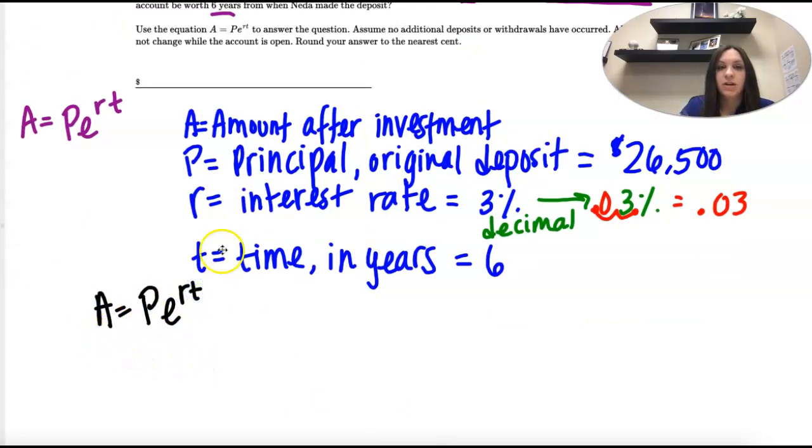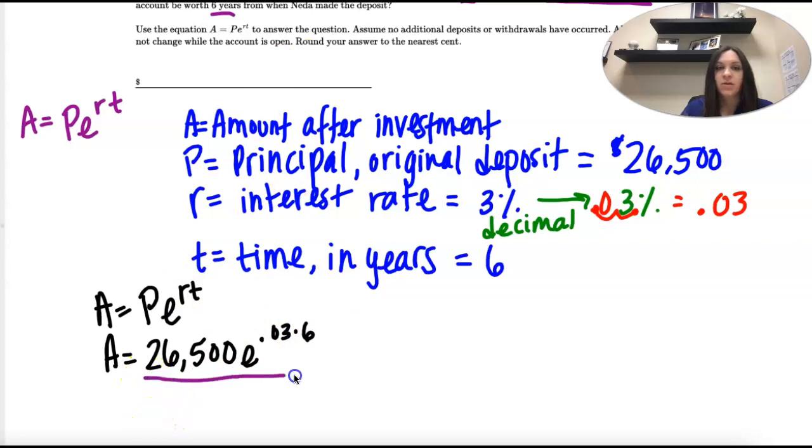Well, A is what we're trying to figure out. That's what it's asking us. P is the 26,500. E's just a number. R is 0.03. And we're timesing that by T, which is 6.